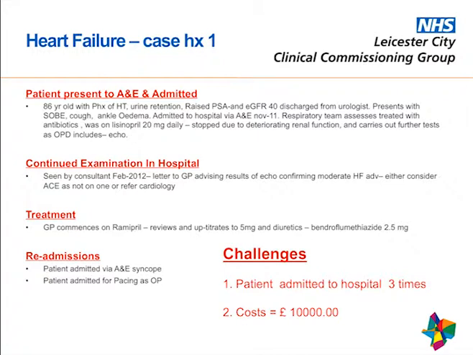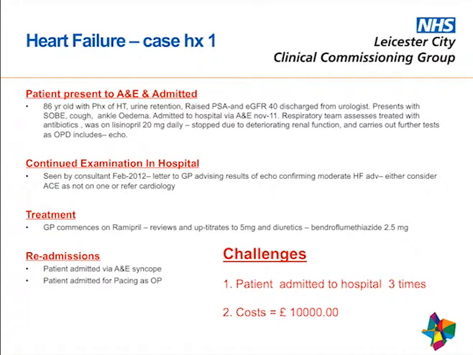That echo was done in 6 weeks' time, and the patient was reviewed in the outpatient clinic in about 8 weeks' time to then tell the patient, on the echo, you have heart failure. So what I suggest is you go back to your GP and he will refer you to the cardiologist, or he may up-titrate your ACE or diuretics.